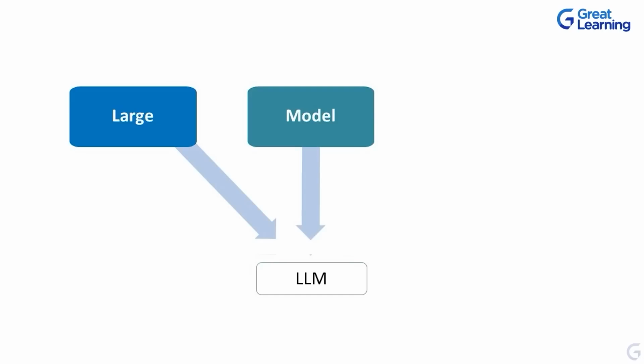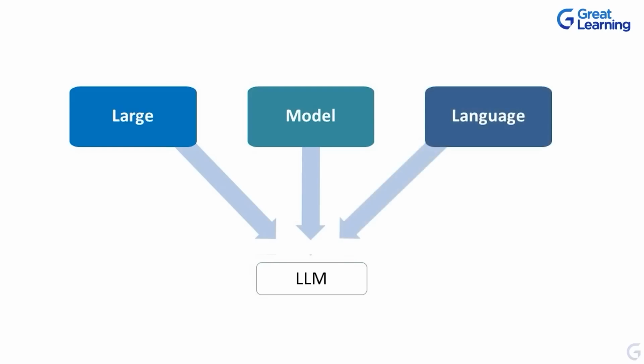Think of it like a recipe that guides how to make a cake. In this case, it is guiding the AI on how to create meaningful text. Let's talk about language. This is all about words, sentences, and how we communicate. When you text your friends, write an email, or post on social media, you are using language.